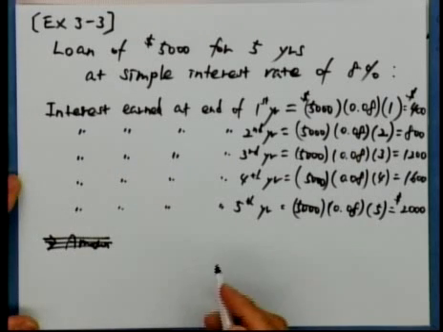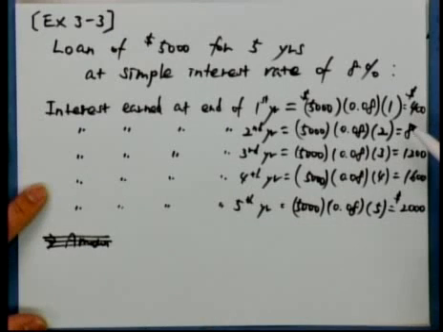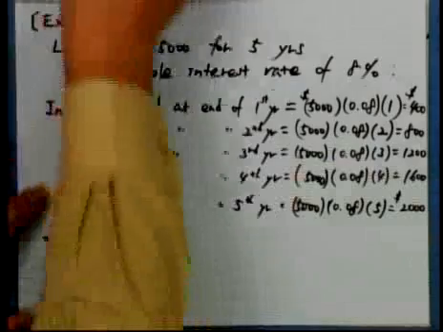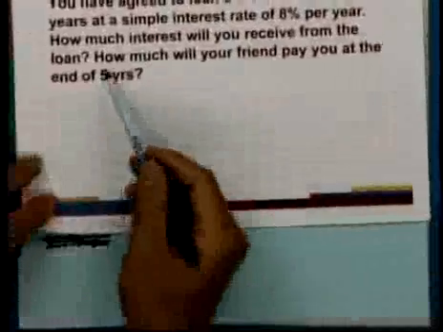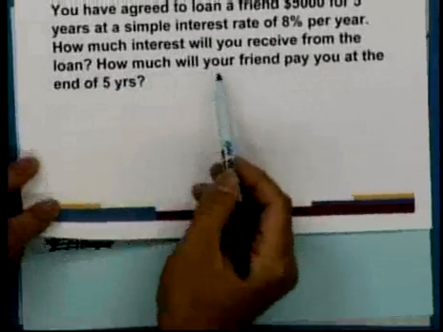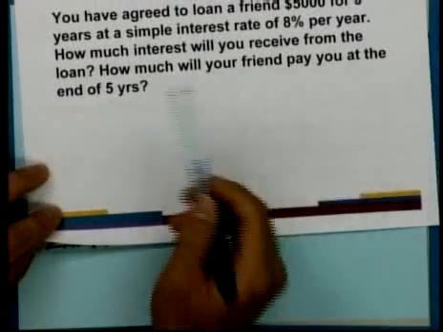So in this case, each year, the amount of money for interest would be increased by how much? By $400. Is that right? So now we can answer the second question. How much will your friend pay you at the end of 5 years?